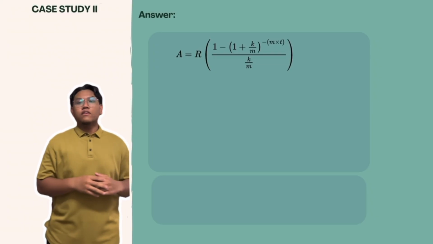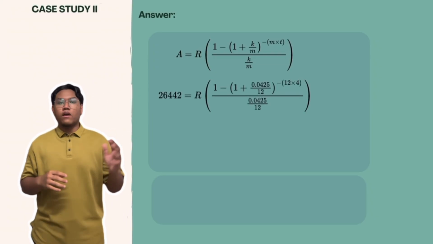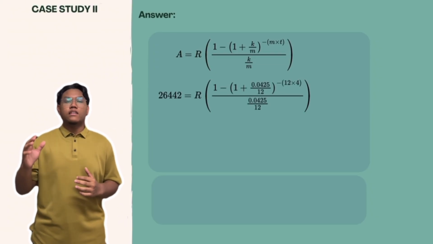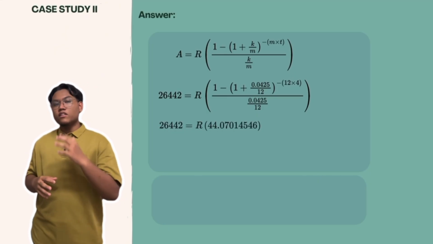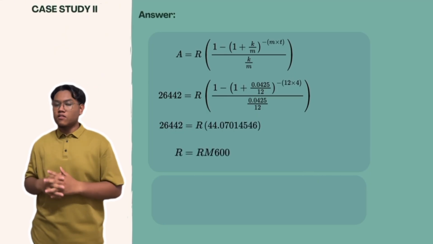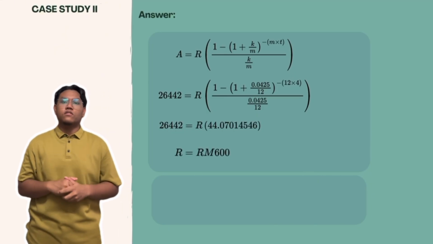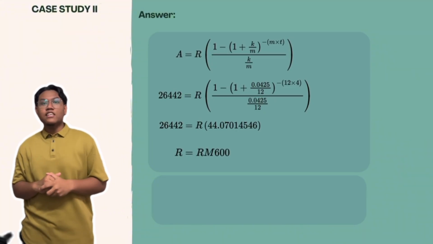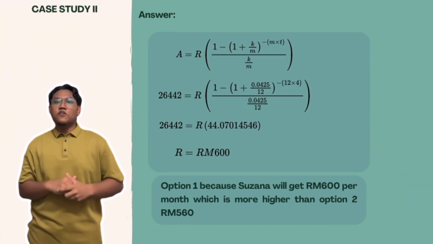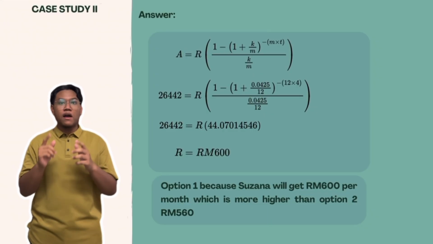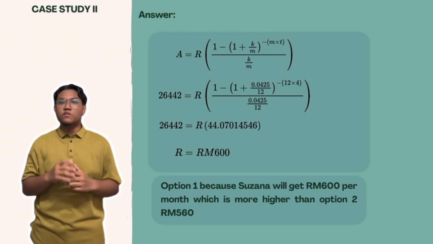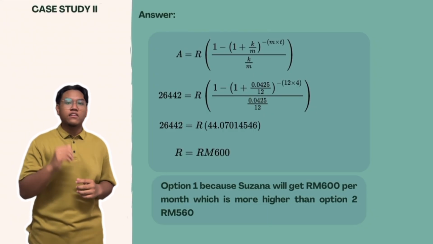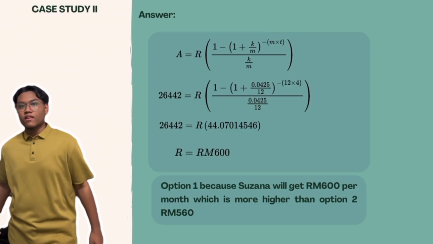After that, we just substitute all the information that we have listed and get the answer. For this answer, we get 600. So which one should Susanna choose? The answer is option 1, because Susanna will get 600 per month, which is higher than option 2, where she only gets 560.